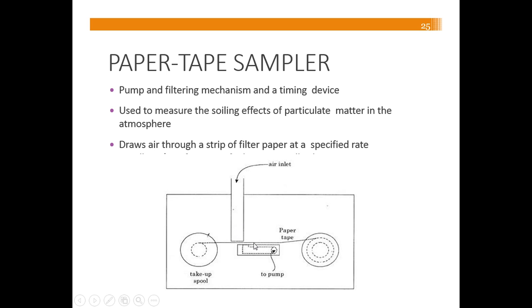So as the paper passes this particular point, the air would be released onto the paper, and therefore you would be looking to determine the amount of soiling that takes place on the paper at a specified time, in a specified time period. So this is how the paper tape sampler equipment would work.